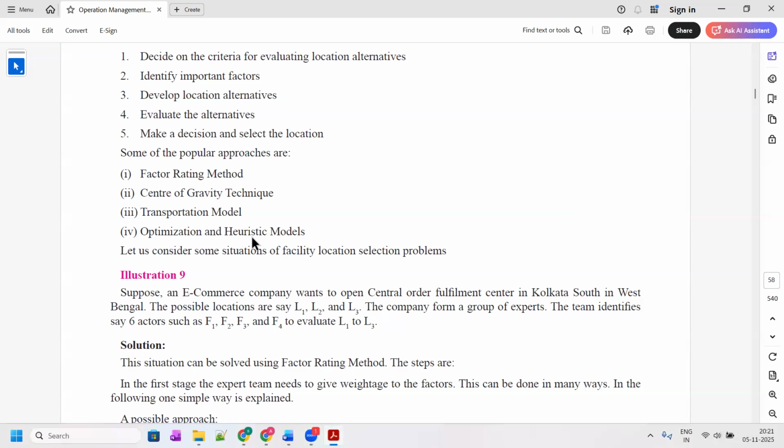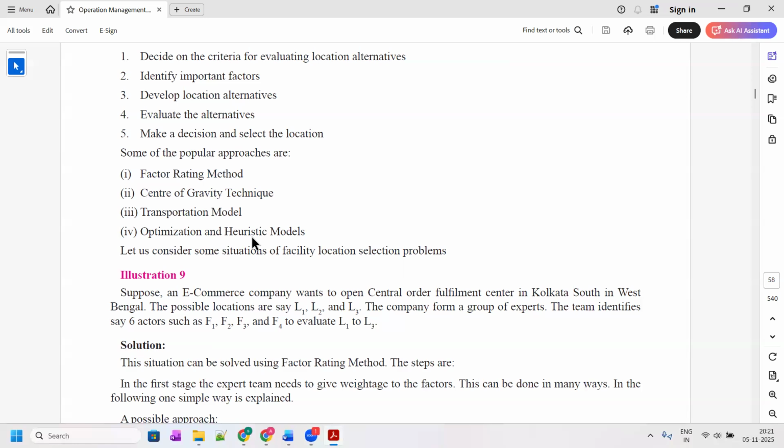Better use of space, higher utilization of space. In this, we can use the space more efficiently and effectively. And employees' morale and safety, giving a better work environment, and improved flow of materials, information, and people. It means if there is efficient or improved flow of materials, it is easier to move things quickly and easily.